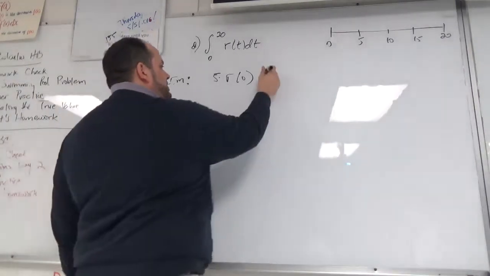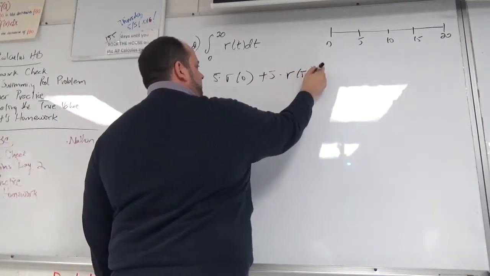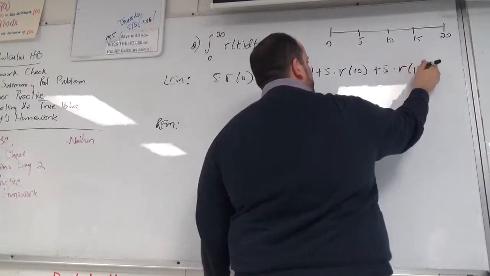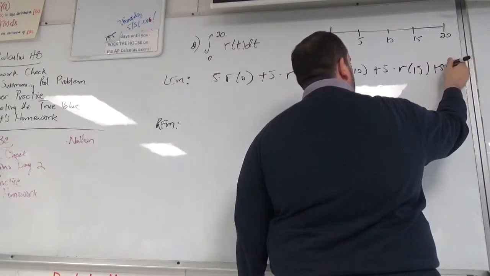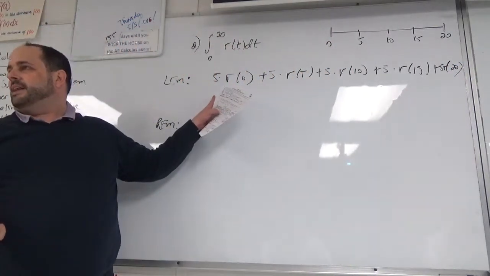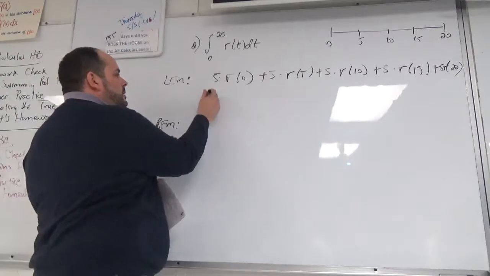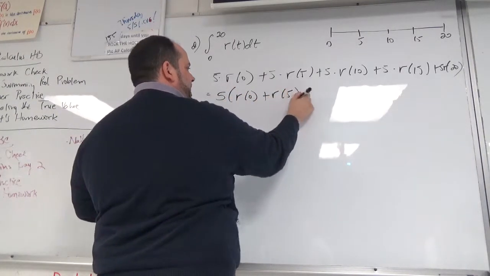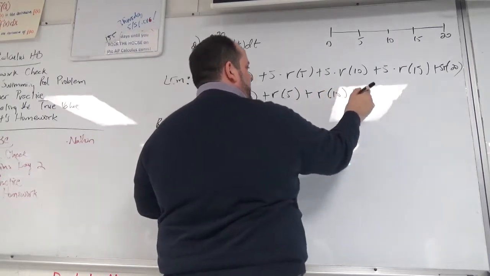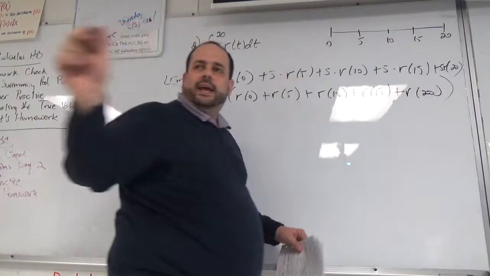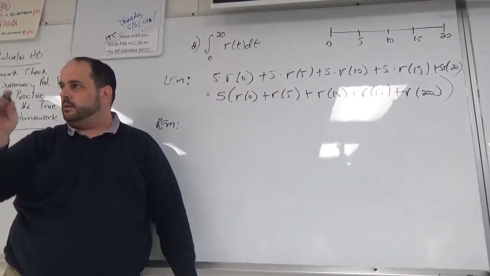And then the next rectangle, hopefully you've got 5 times R of 5, 5 times R of 10, 5 times R of 15, 5 times R of 20. And what I heard you say is you didn't want to bother writing the 5 every single time, so you factored out the 5, and hopefully R of 0, R of 5, R of 10, R of 15, R of 20. Everybody on this side of the room, are we okay with that?